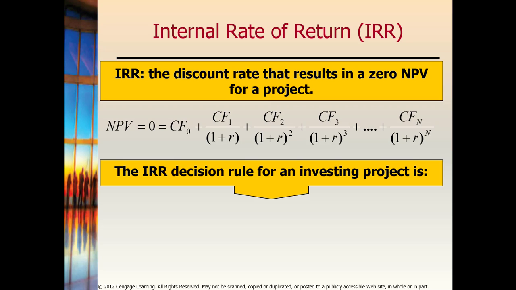So if you remember, this is the net present value formula. The IRR is the internal rate of return on the right-hand side of the equation to make net present value equal to 0. So what does that mean?